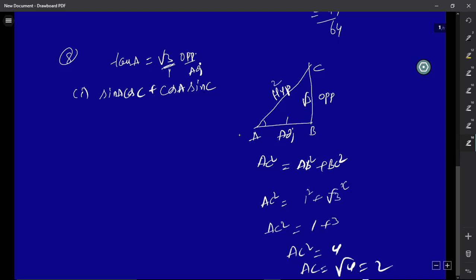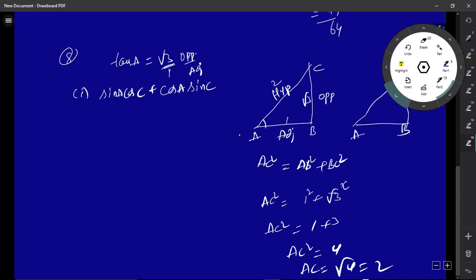Now I'll substitute the values of sine A, cos C, cos A and sine C to find out the answer to this question. With respect to A, this is the opposite side, this is the hypotenuse, and this is the adjacent side. Now we also have to find out cos C. So we'll draw one more rough triangle, ABC.